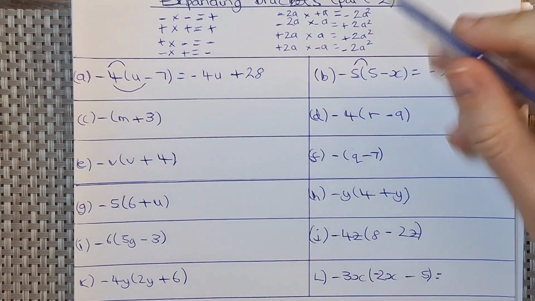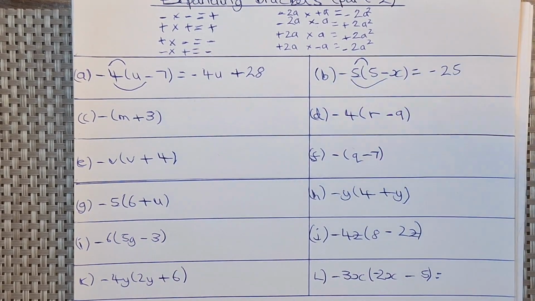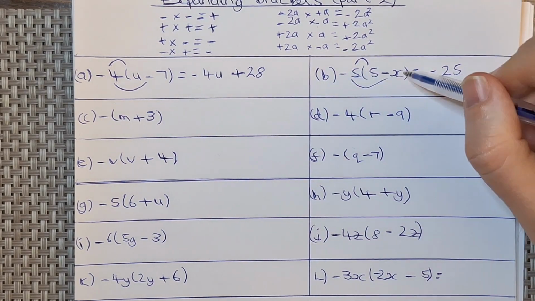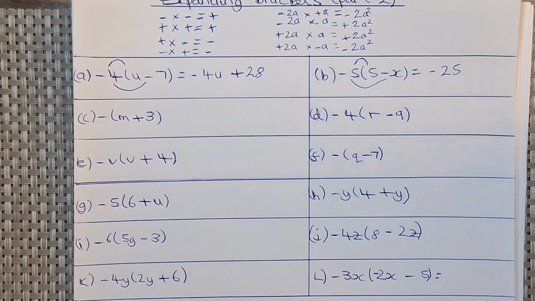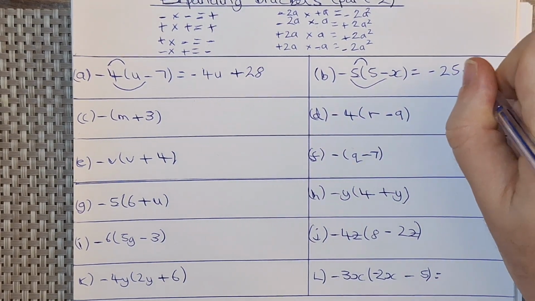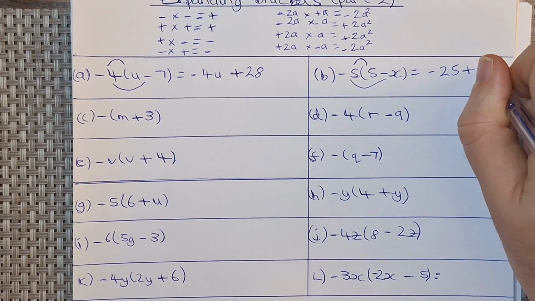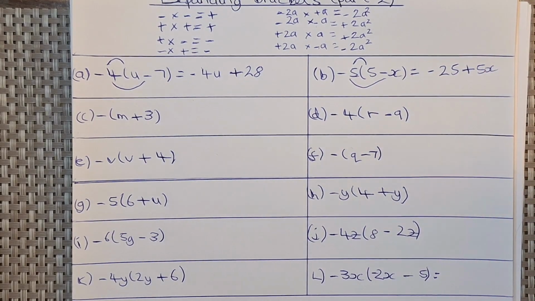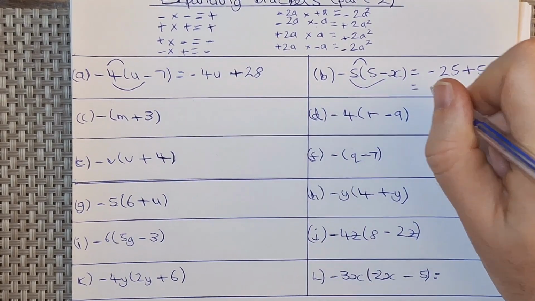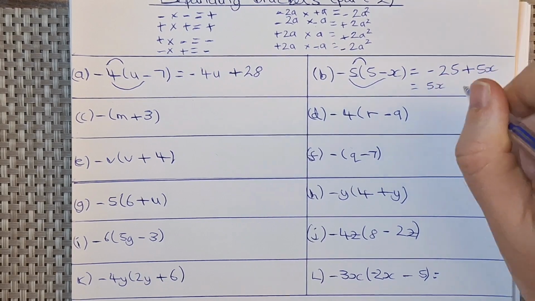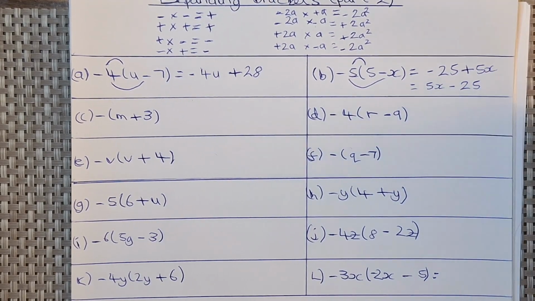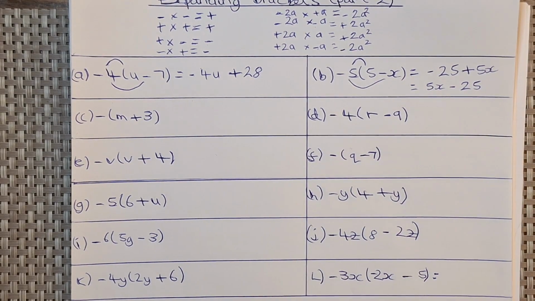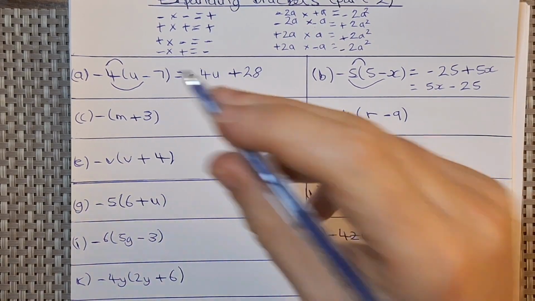And then minus 5 times minus x. 5 times x is 5x, and minus times minus is positive, so positive 5x. Or we can simply write it 5x minus 25. Okay. Next question.